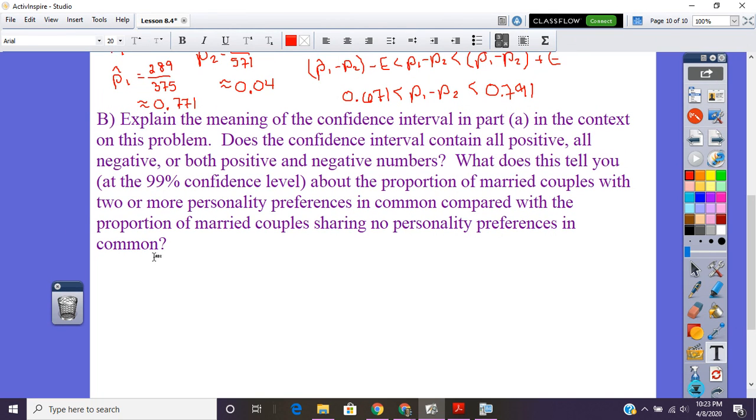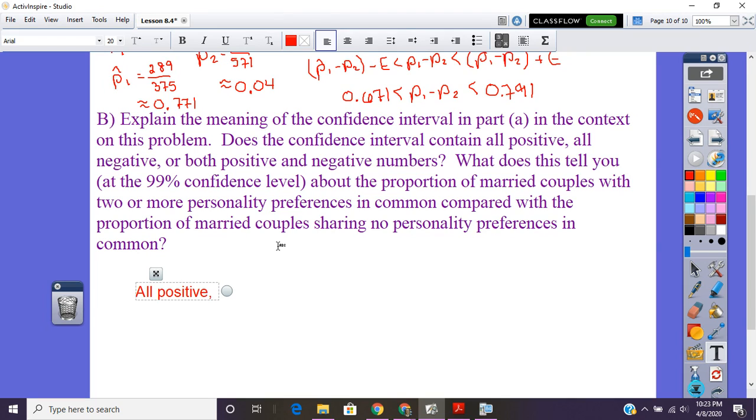Well, we can definitely say that they are all positive. And remember, proportion 1 represented two or more personality preferences in common, and P2 represented no personality preferences in common. So when I did two or more preferences in common minus no personality preferences in common, we got that interval from above.